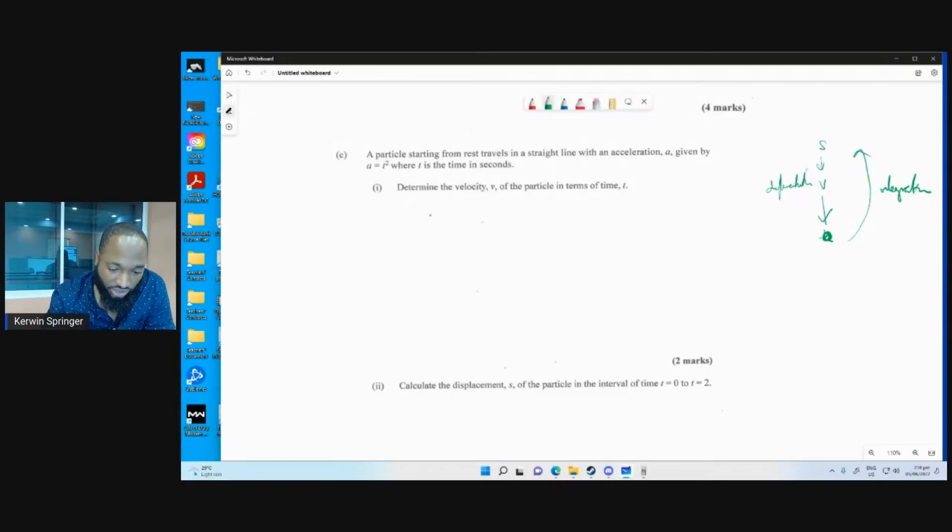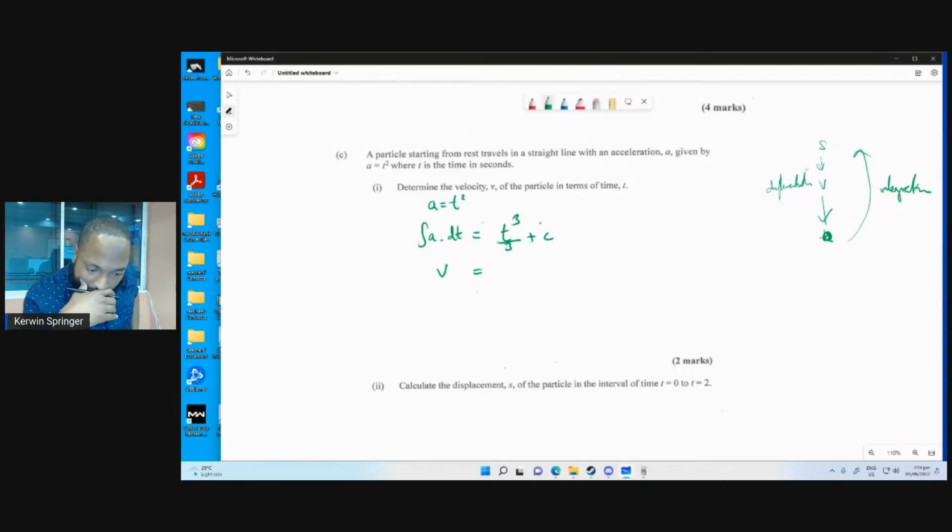Starting off with acceleration is equal to t squared, I want to integrate to go back up to velocity. Integrate a with respect to t, that's really v. If I integrate a with respect to t, I will get t cubed over 3 plus some constant. A particle starting from rest, so that means at rest velocity is 0 and the time was 0.